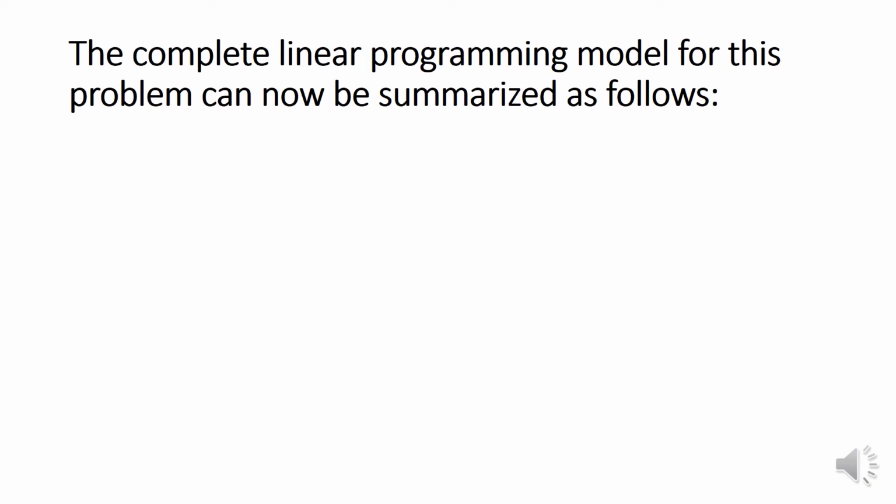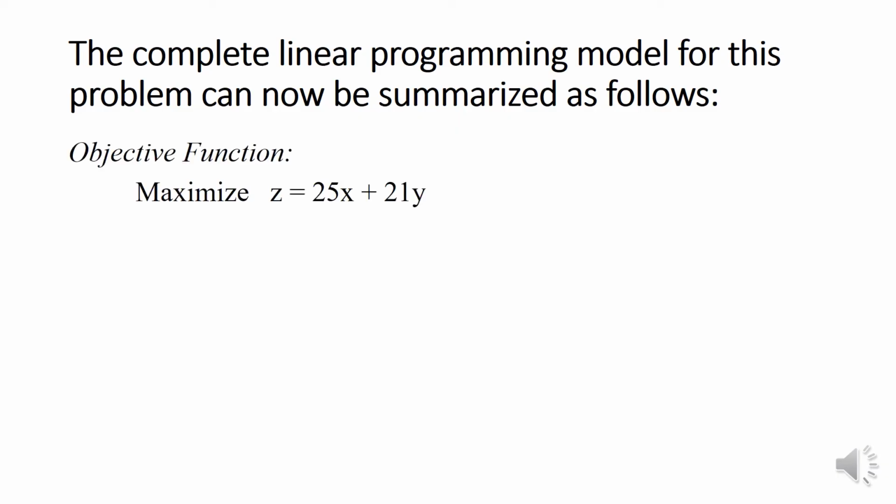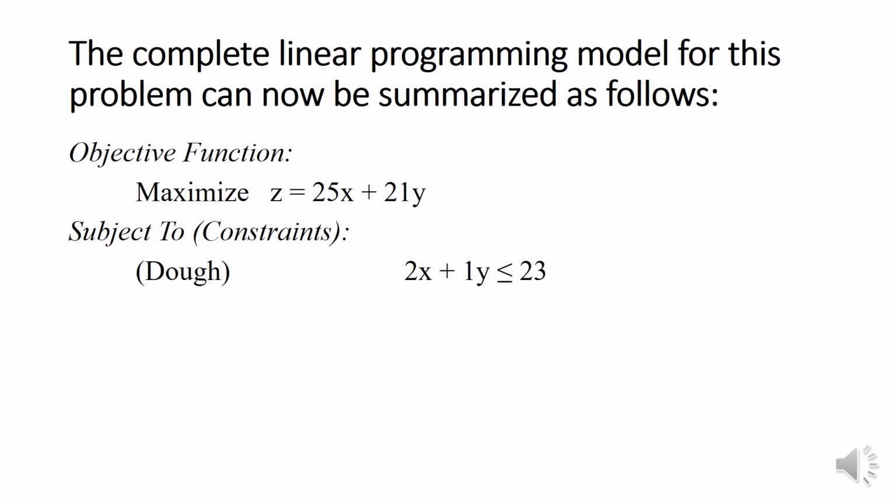So hence, the complete linear programming model for this problem can now be summarized as follows. So this is now the entire linear programming model for our activity. First, we have the objective function: maximize z, or maximize the profit, which is equal to 25x, the profit per pizza, plus 21y, the profit per burger. Subject to constraints, we have the dough, 2x plus 1y lesser than or equal to 23.